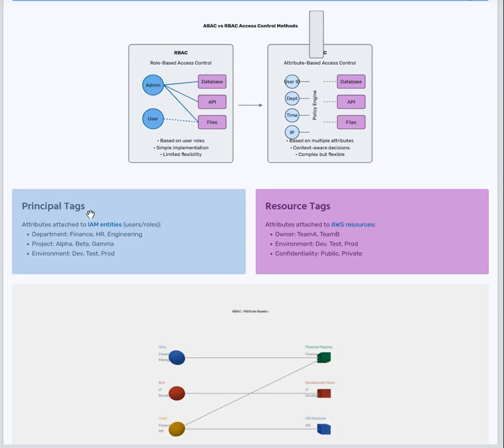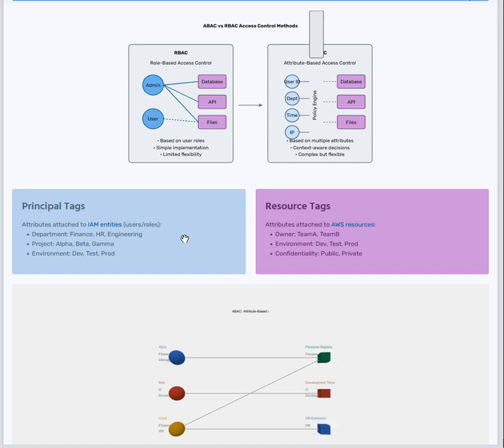Principal tags are attributes attached to IAM entities, users and roles. So we can have a department, finance, HR, engineering, and then you can attach a project, alpha, beta, gamma, whatever. Another attribute can be an environment, dev, test, production.